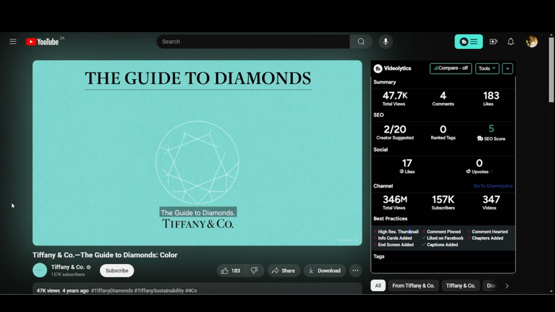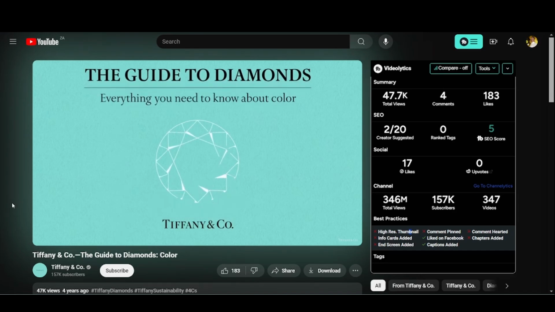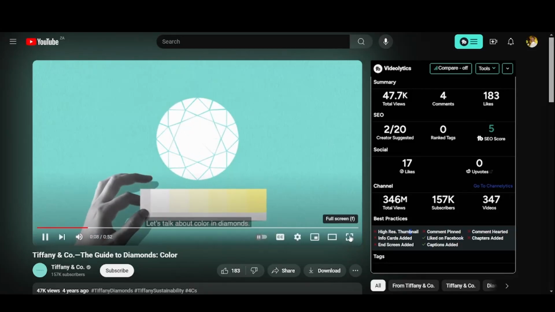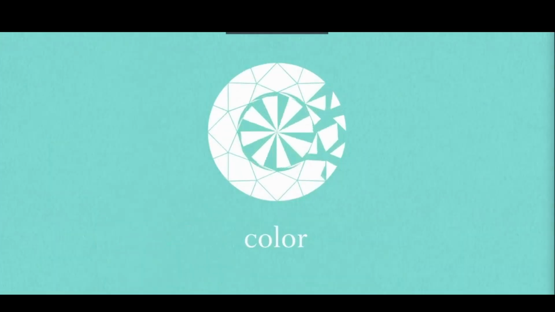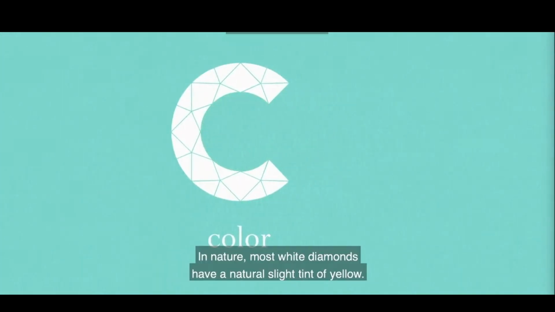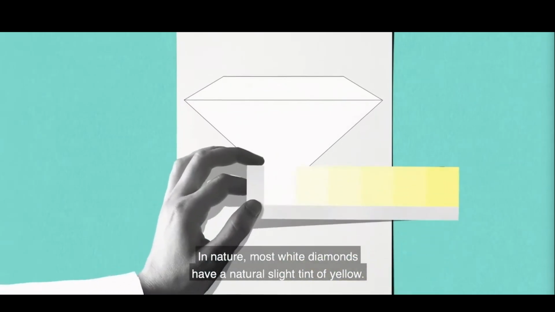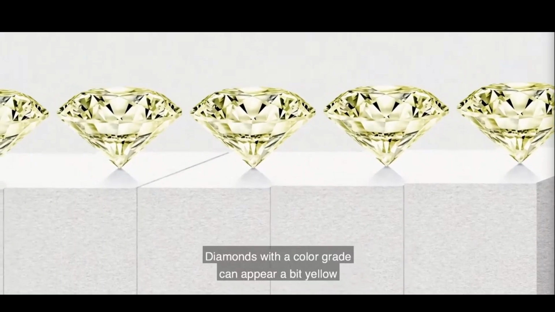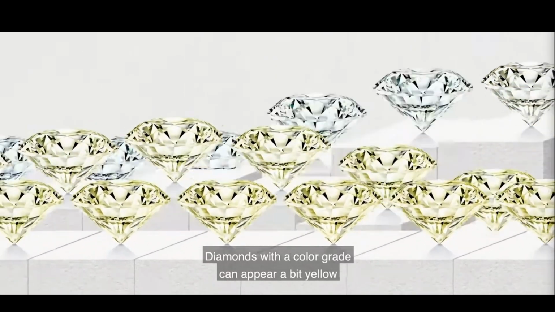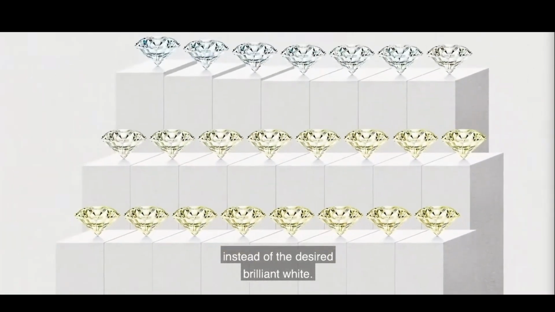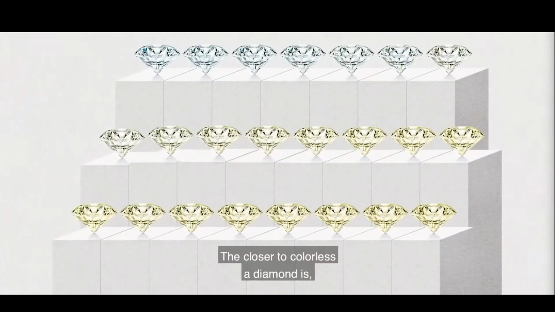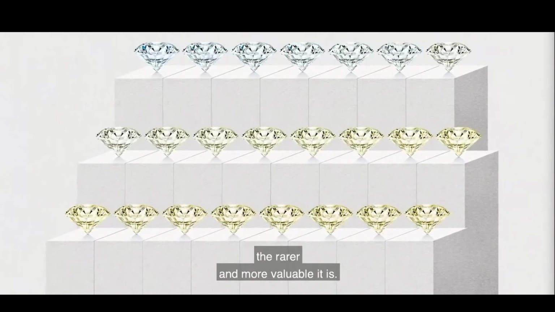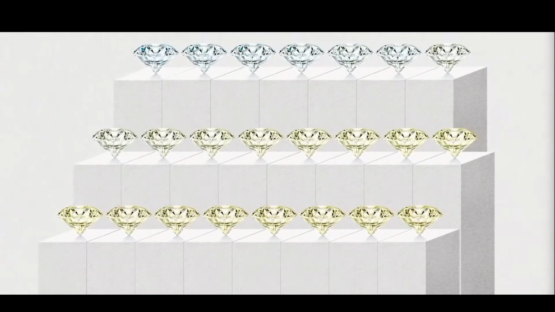Tiffany & Co., the guide to diamonds. Everything you need to know about color. Let's talk about color and diamonds. In nature, most white diamonds have a natural, slight tint of yellow. Diamonds with a low color grade can appear a bit yellow instead of the desired brilliant white. The closer to colorless a diamond is, the rarer and more valuable it is.